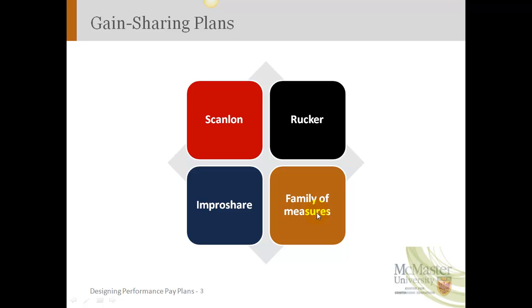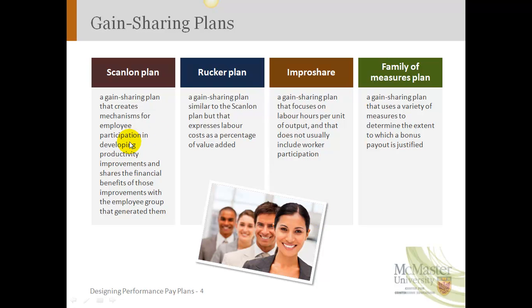Now, if we look first of all at the Scanlon plan, it basically is a plan that computes your labor cost as a percentage of total sales. So if a group can reduce the percentage of labor costs as a percentage of sales, then they can share in some of that gain.